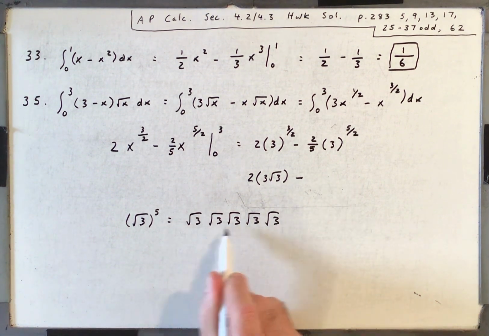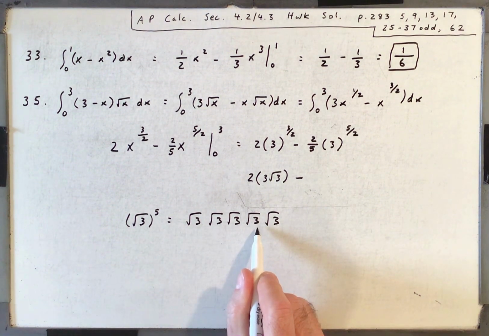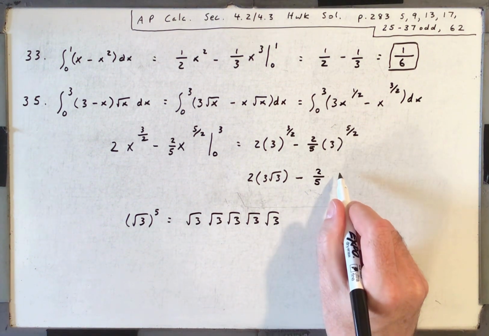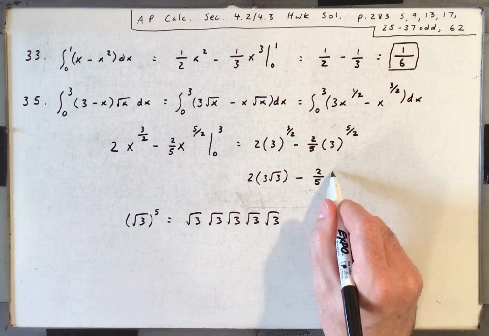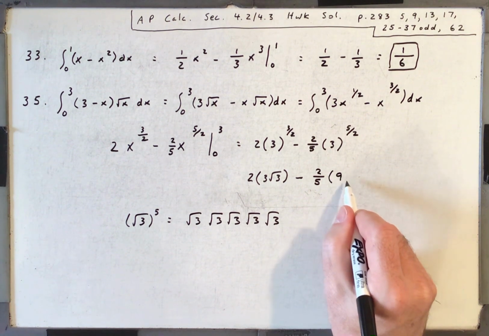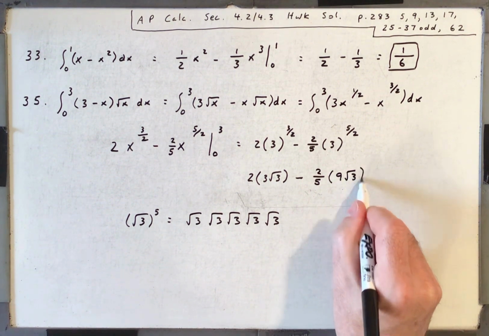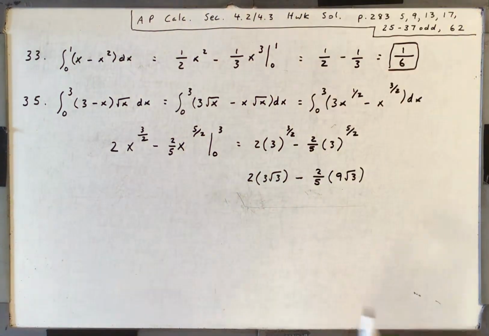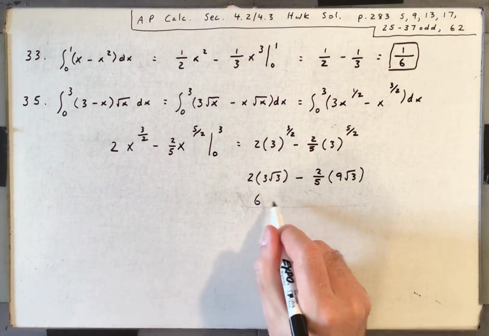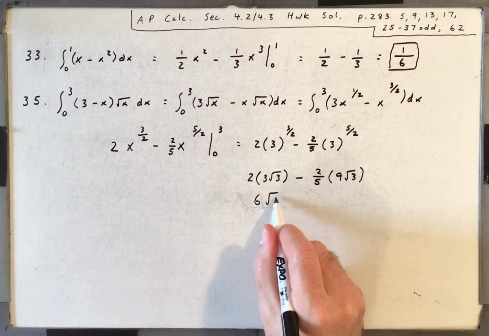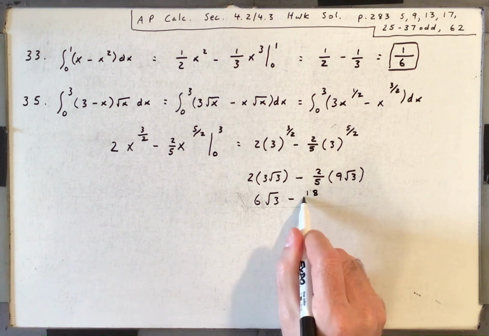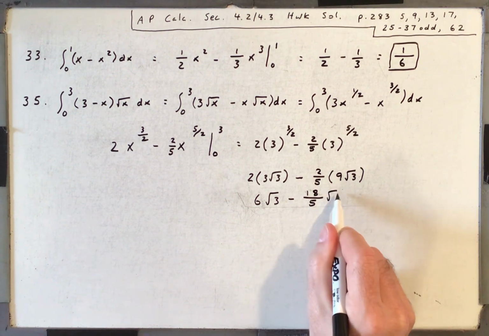That's going to be 3 times 3, which is 9. So that'd be 9 root 3. So 2/5 times 9 root 3. Wow. So that's 6 root 3 minus 18 over 5 root 3.